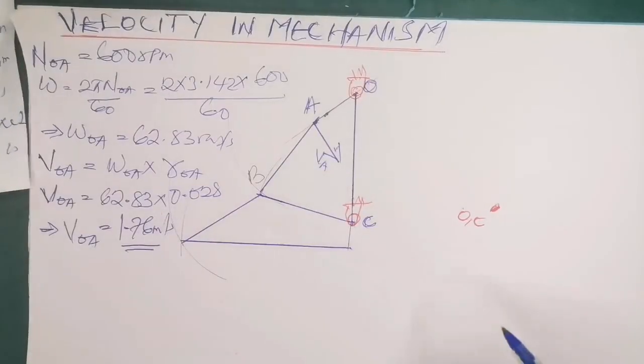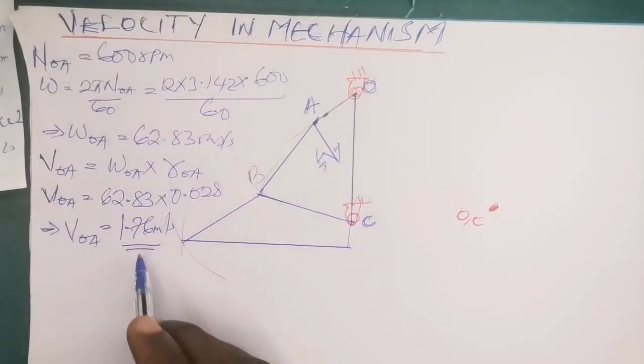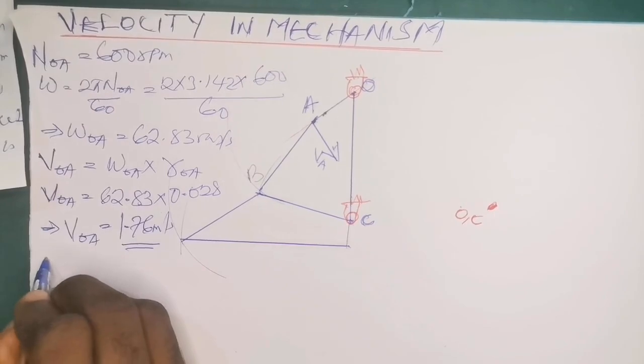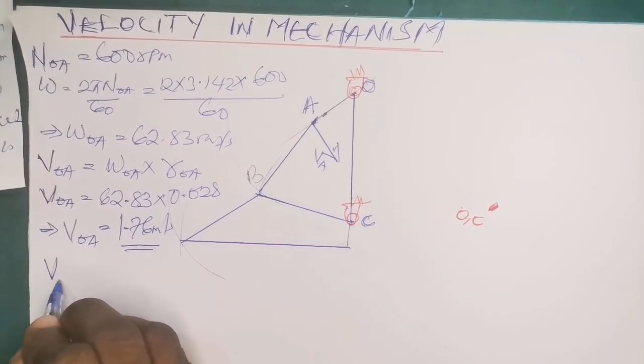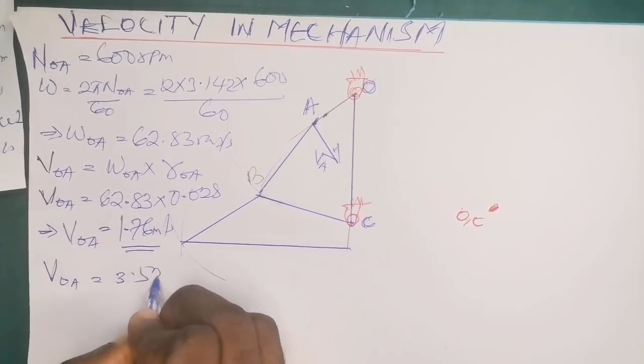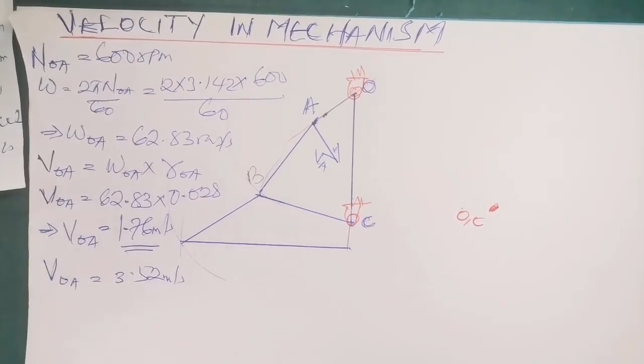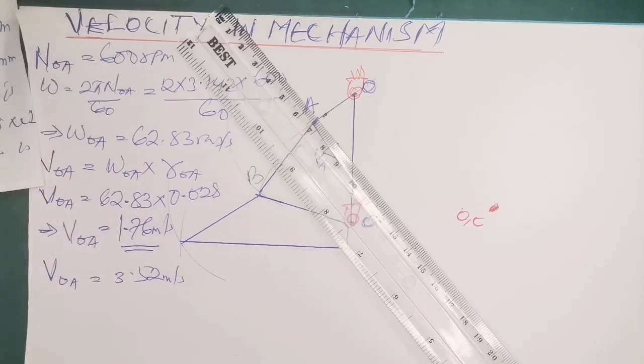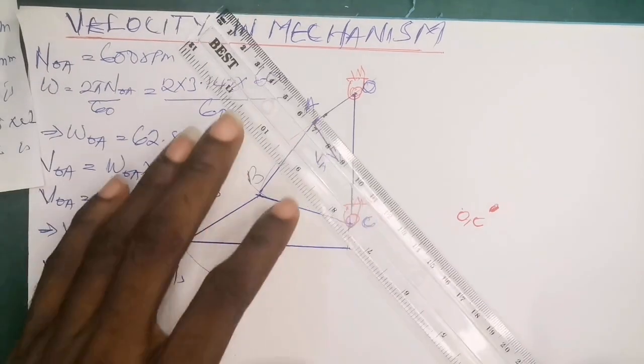So that means instead of 1.76, we are now simply saying velocity along OA is equal to 3.52 meters per second, so simply multiply it by 2. Now you measure out 3.52 and it must be inclined just the way it is here.